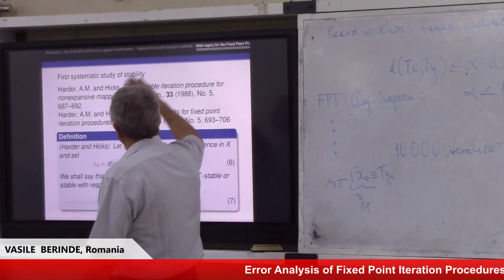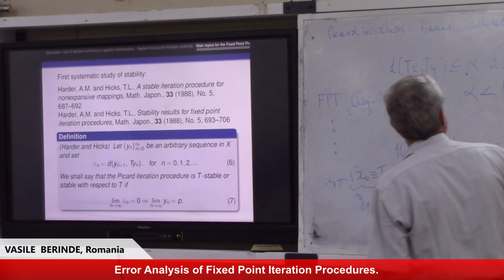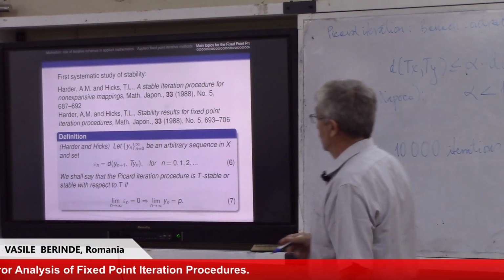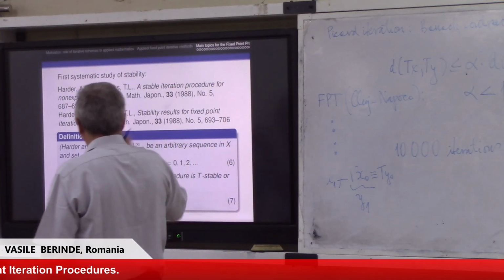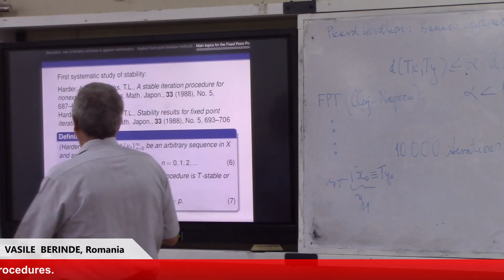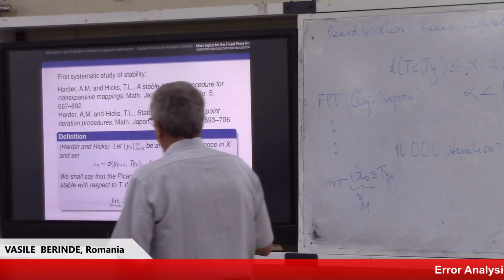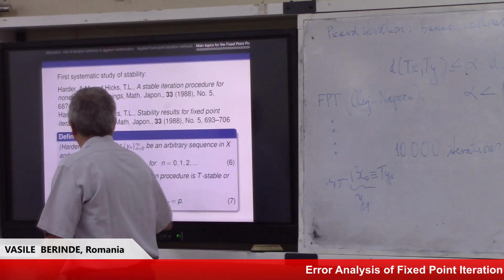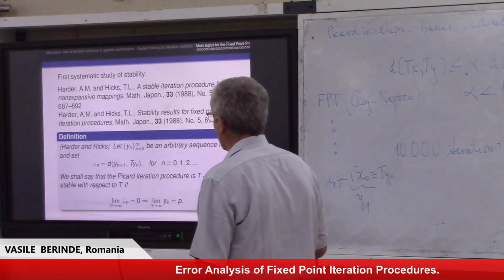We have this iterative scheme xn, which is known to converge to a fixed point. Then we have another sequence yn satisfying this, and we define this sequence of positive numbers epsilon n.